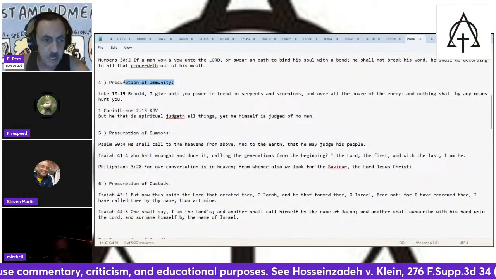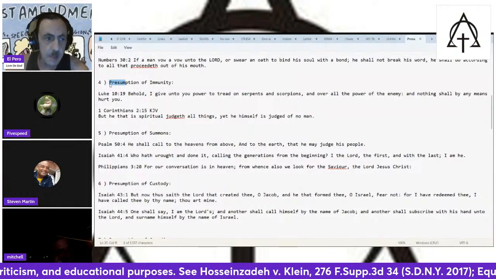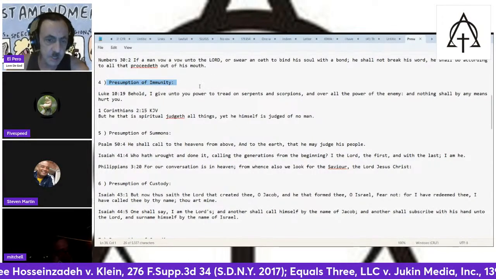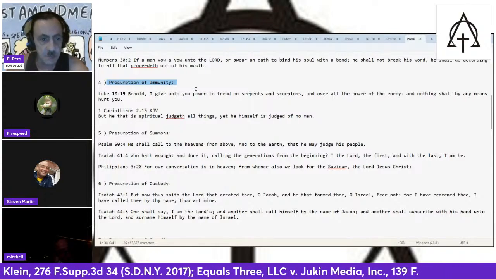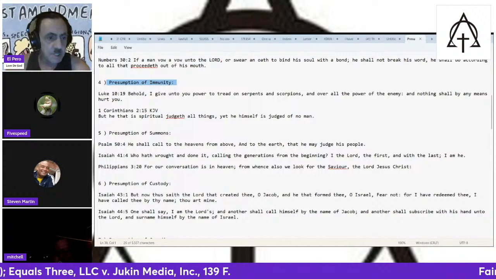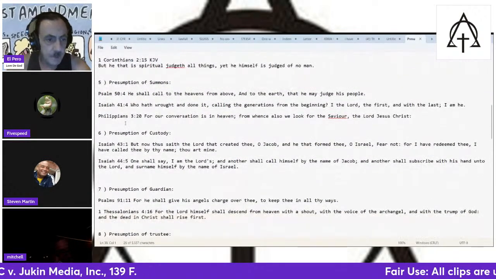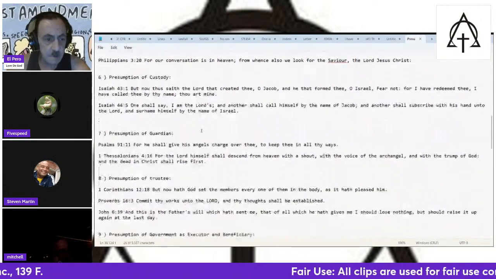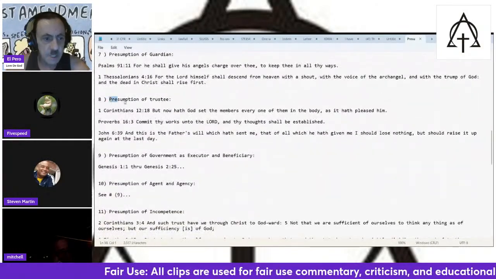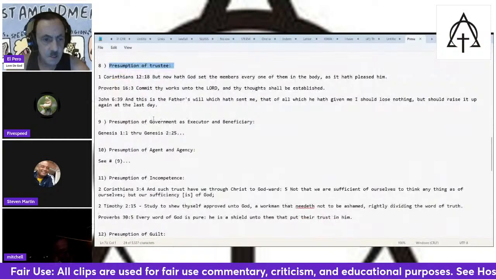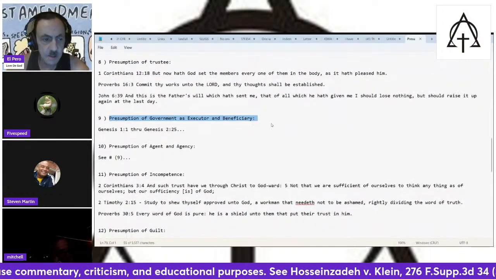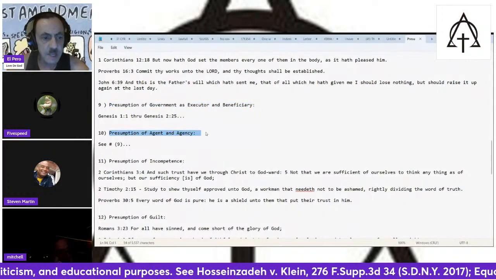Presumption of immunity is the plausible deniability of liability. There's a presumption of immunity, so they don't have to take on liability. I'm just doing my job. You have to talk to my boss. Maybe he took liability. Presumption of summons. Presumption of custody. Presumption of guardian. Presumption of trustee. Presumption of government as executor and beneficiary. Presumption of agent and agency.